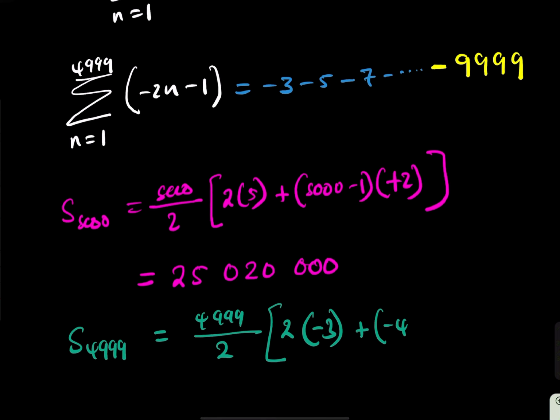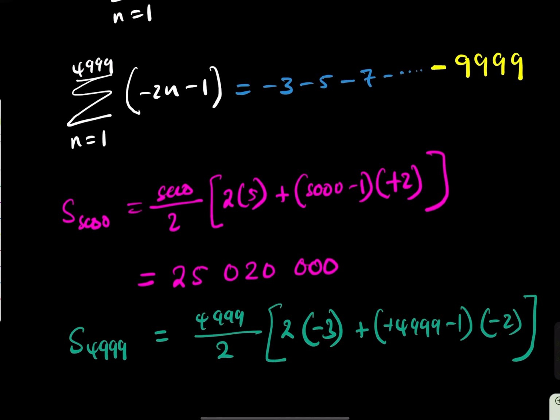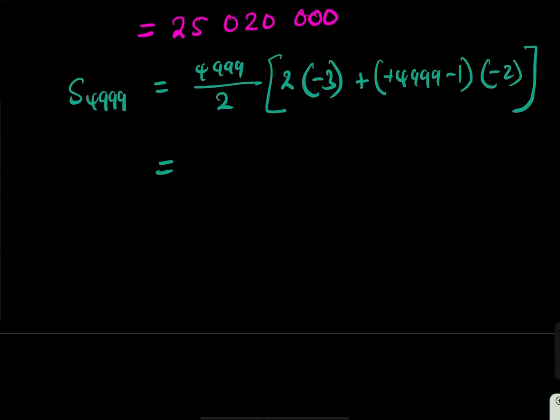So n is 4,999 minus 1, times the difference. The difference is negative 2. You close that and use a calculator.